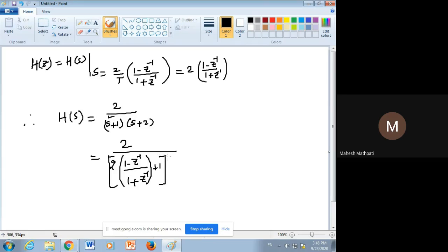Then the second part is again 2 into (1 minus z inverse) divided by (1 plus z inverse) plus 2. Hope you understood this step. Any confusion here?